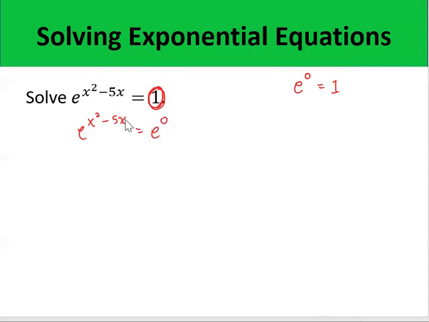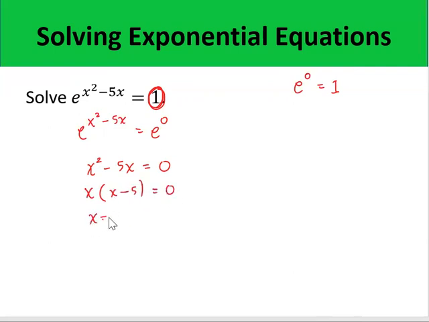Now, since this equation has the same base e for both the left and the right side of the equation, then we can use the one-to-one property by just equating the exponents x squared minus 5x and the exponent 0. So this one is a quadratic equation in x. So we can factor out the common factor x. And then the second factor will be x minus 5.